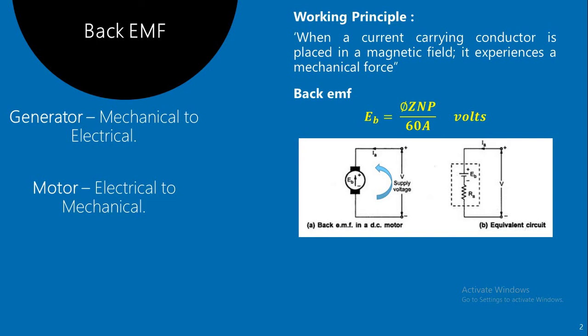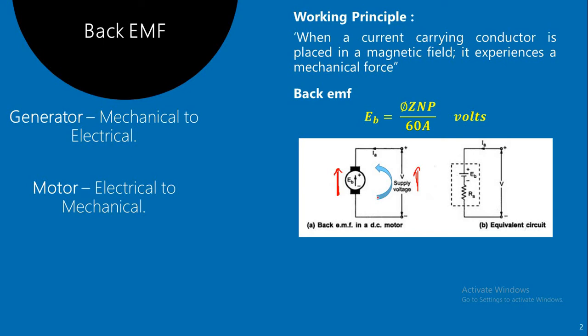Once the driving torque is produced, the rotor starts to rotate. Due to that rotation, EMF is induced in the armature. Hence the direction of induced EMF is opposite to the direction of applied voltage.